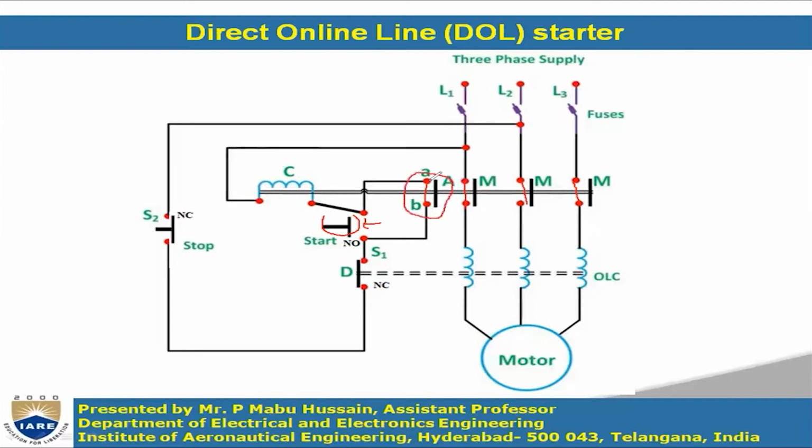As I said, the contactor will have four poles. Three poles will be used for the motor, and another pole will be used for the coil here. Whenever this pole is closed, the supply to this circuit will be obtained through this pole. So this coil will be continuously energized, so that the motor will also continuously run.